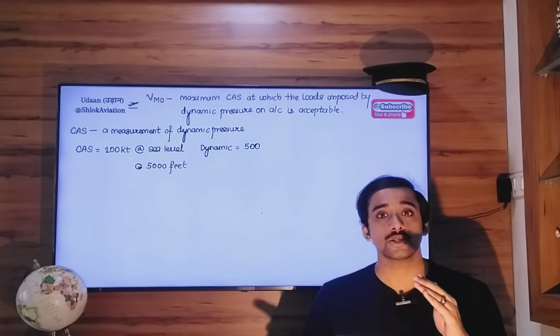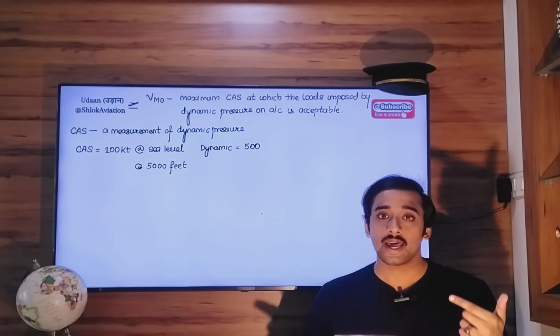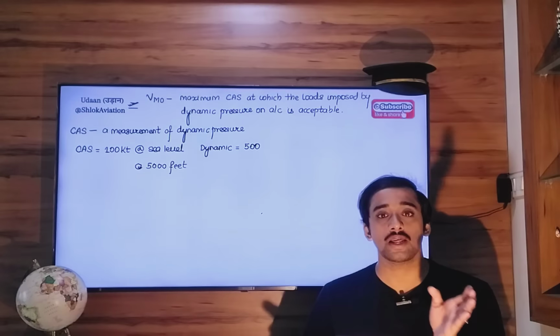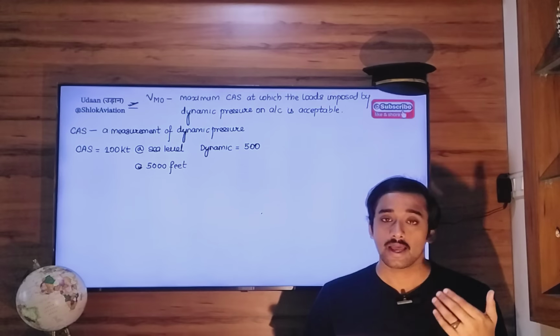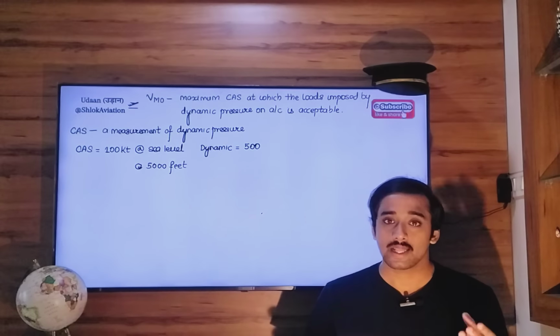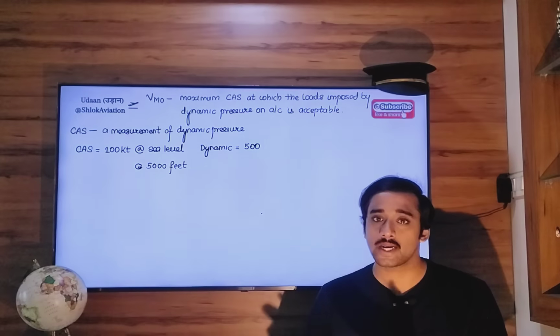Now, when you increase the true airspeed of your aircraft as you go to higher and higher altitudes, the dynamic pressure impacting your pitot tube will also increase. The true airspeed increases, the pressure at which air strikes the pitot tube and the dynamic pressure that it creates around it will also increase, and this increase in dynamic pressure will be registered as increase in calibrated airspeed.